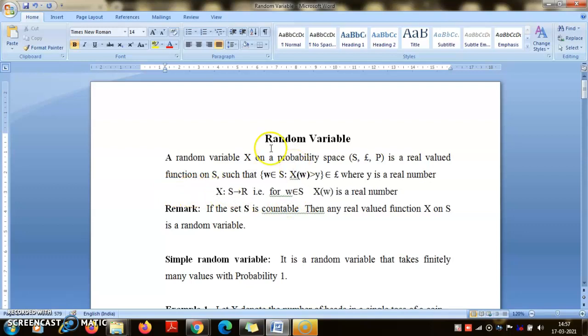Okay. So random variable is a real valued function on the sample space. It will assign to every outcome, so elements of S are the outcomes of the random experiment, real numbers. And it satisfies some condition that is mentioned over here, but you may ignore it as of now.